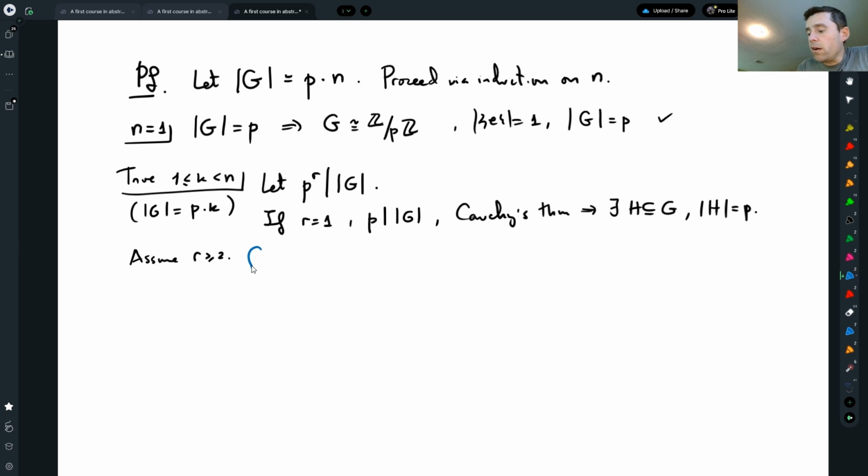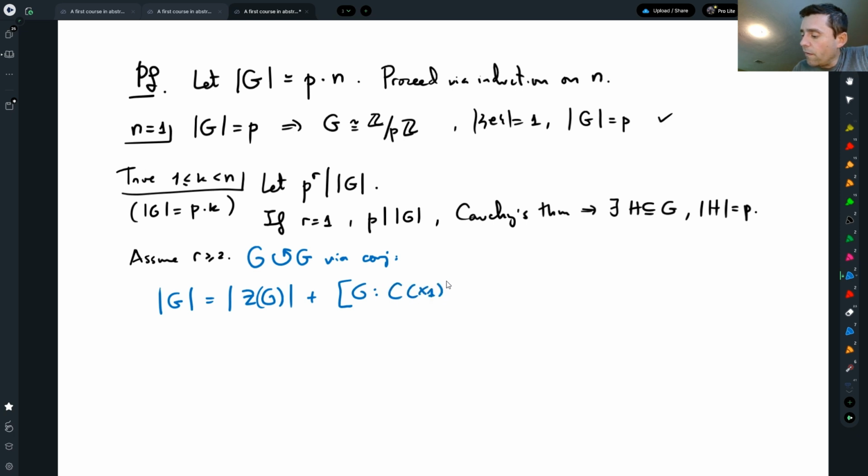So remember that G acts on G via conjugation, which gives me what we call the class equation: the order of G is equal to the order of the center plus the indices of the centralizers of representatives, generators of the distinct non-trivial conjugacy classes in G. Okay, so there are m non-trivial conjugacy classes.